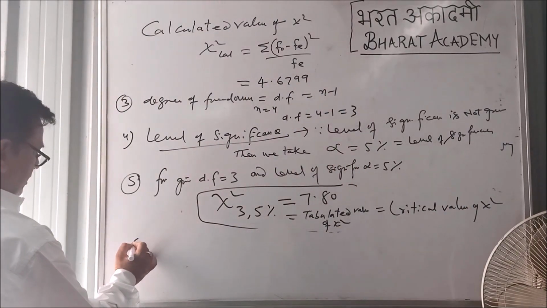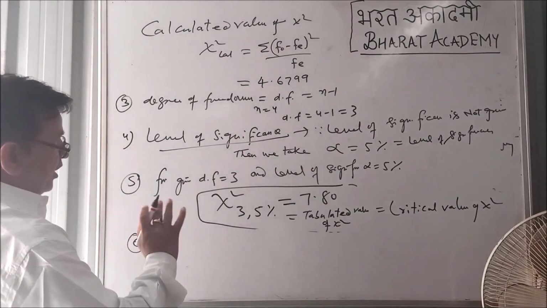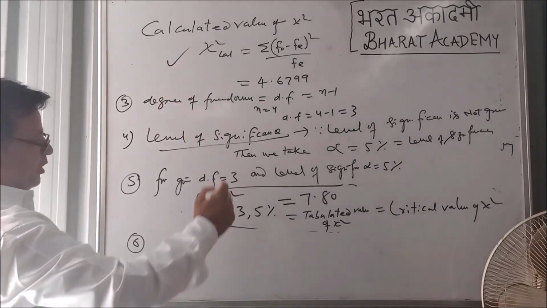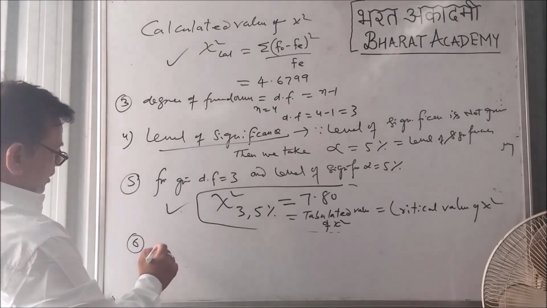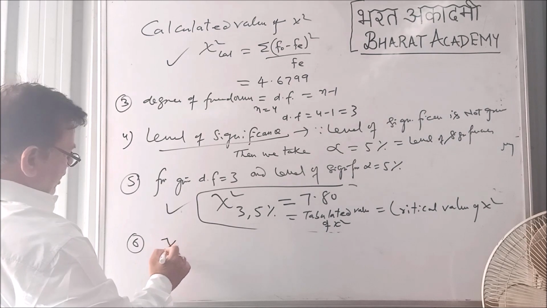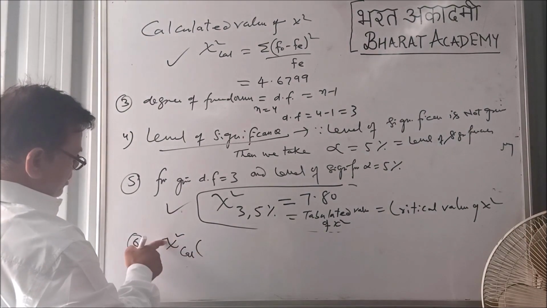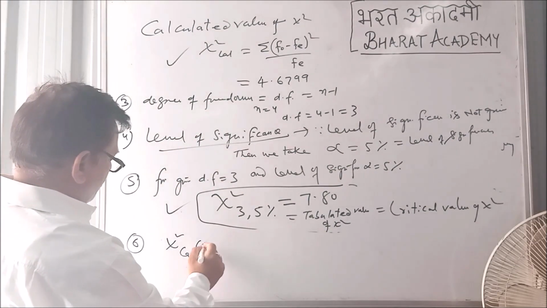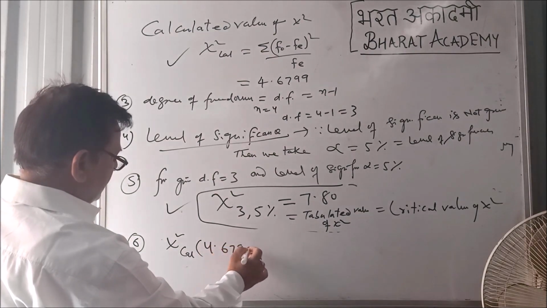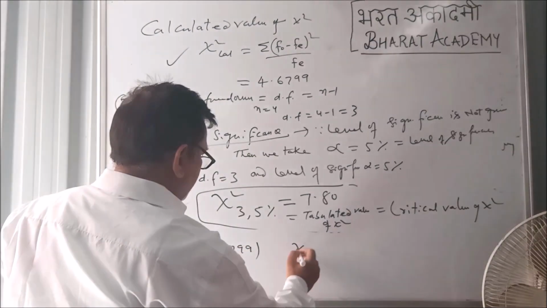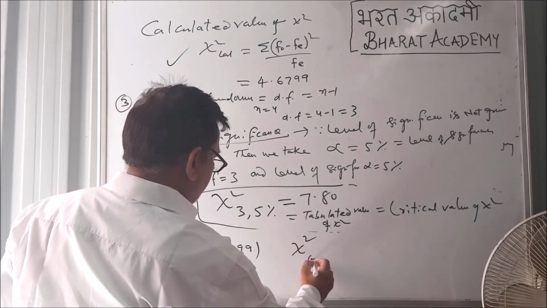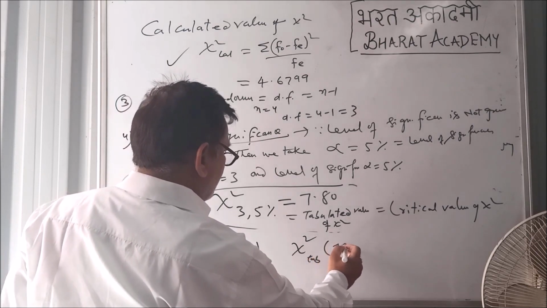And the last step is we compare this calculated value and the tabulated value. Chi-square calculated value is 4.6799, and chi-square tabulated value is 7.80.